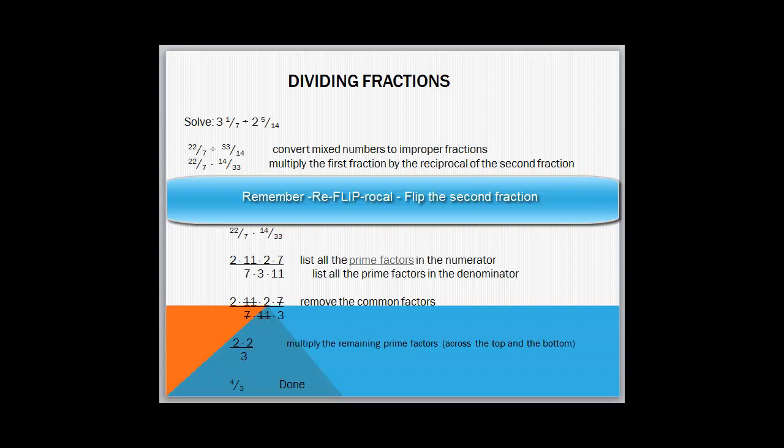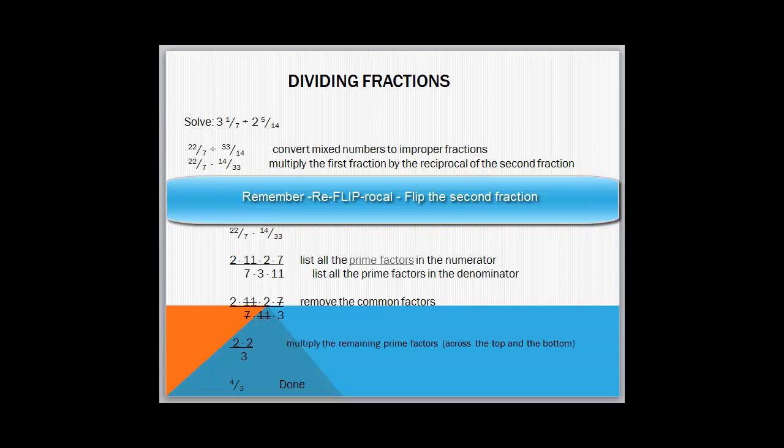In this case, it's easier just to get rid of the common factors before multiplying, so your numbers aren't as big when you multiply. All right, so to do that is just do a prime factorization on each number. So you're going to list in the numerator 22 times 14, it factors to 2 times 11, which is your 22, and that's times 2 times 7, which is your 14. All right, so those are the prime factors for the numerator.